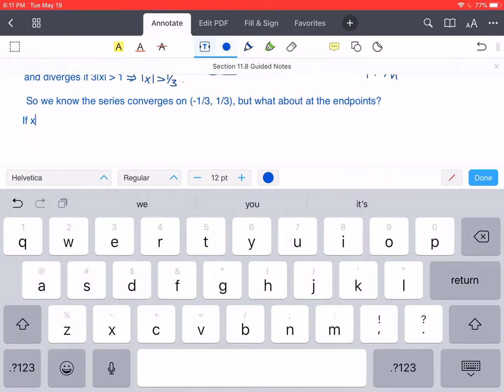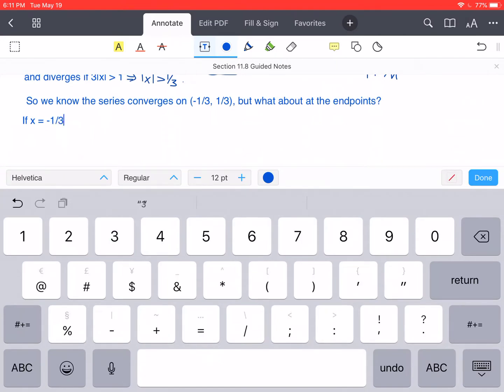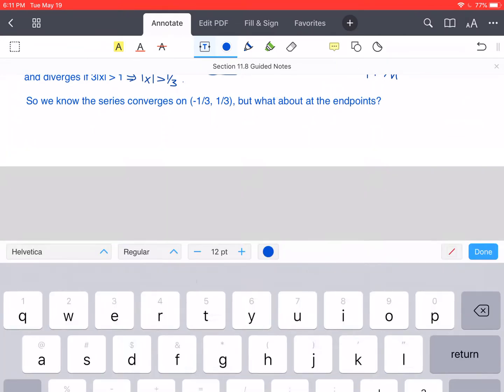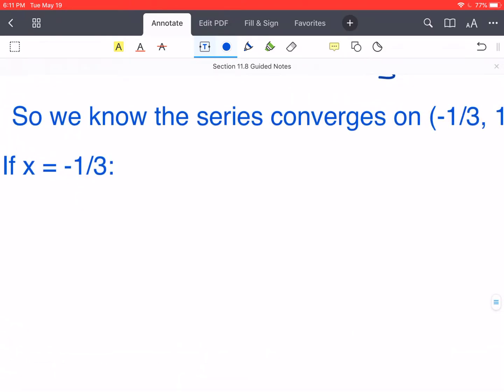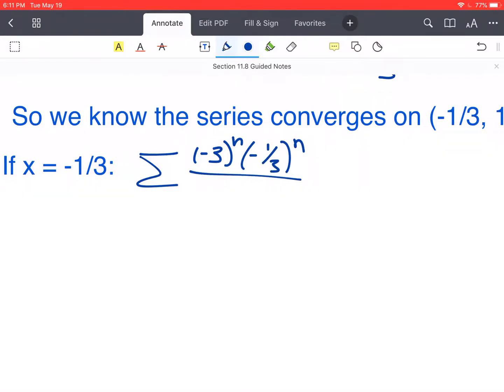So if x equals negative 1/3, then our series is going to look like negative 3 to the n times negative 1/3 to the n over root n plus 1, which is the sum, remember, n going from 0 to infinity.